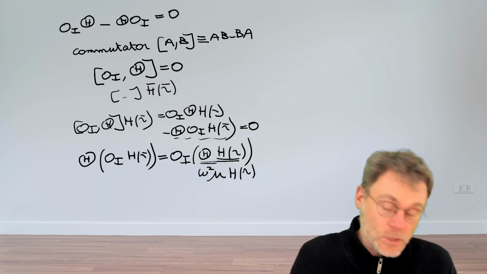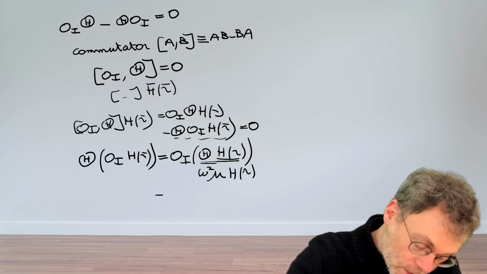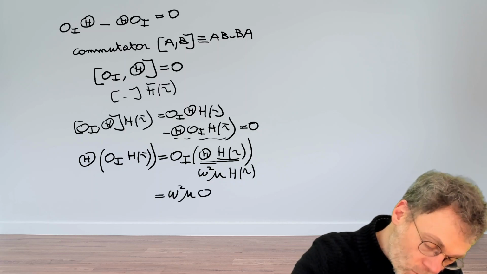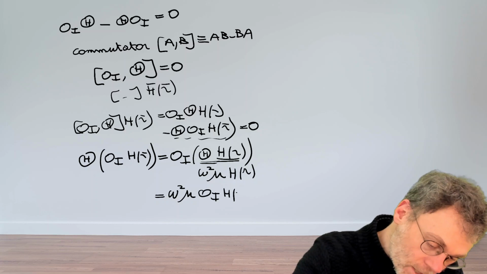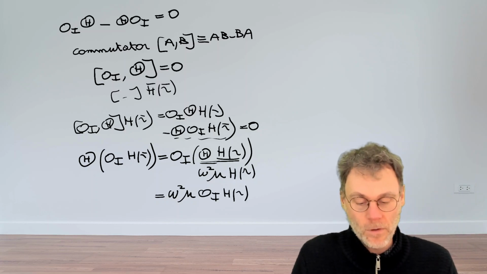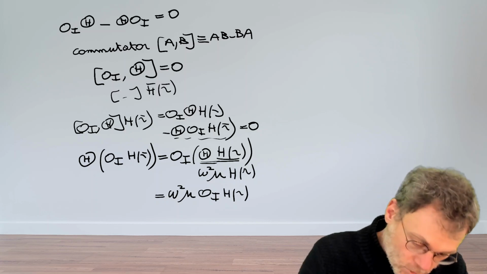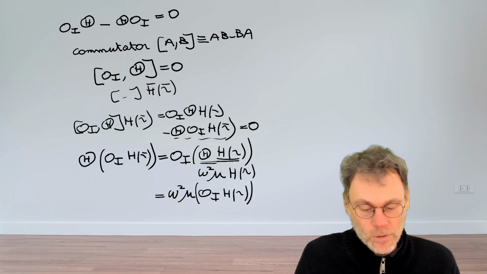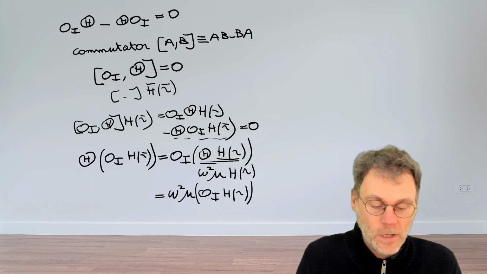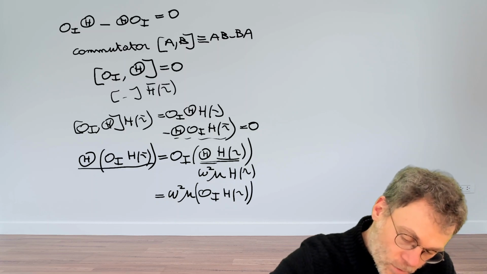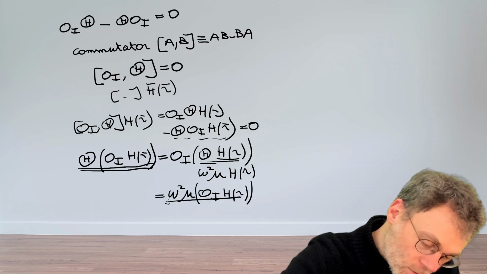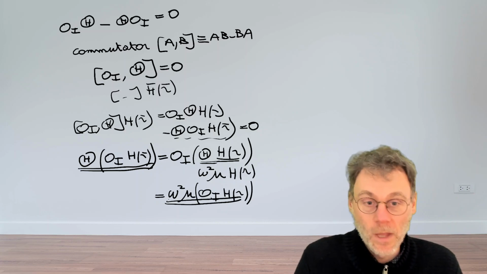And since this omega squared mu is just a boring scalar, we can bring it outside of the operator. So we have omega squared mu OI h of r. Okay. Let's now see what we have here. And just for fun, let's also put some parentheses here to make it very clear what we have. If we compare what we have over here, this should be equal to what we have over there.